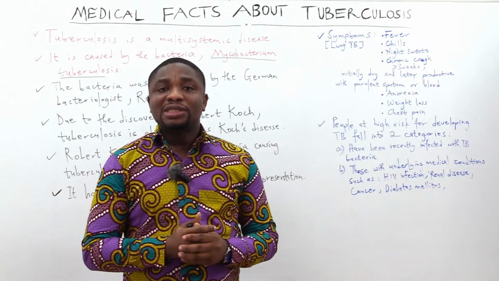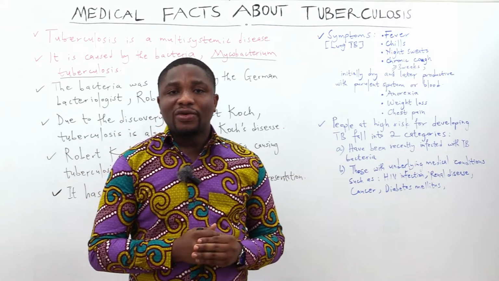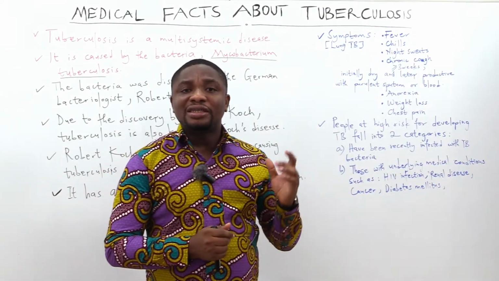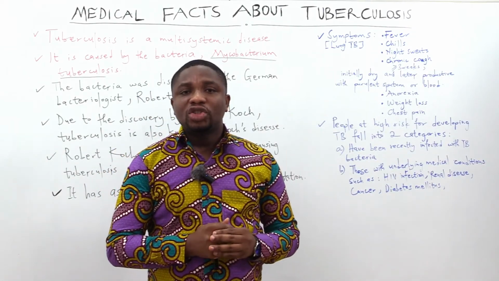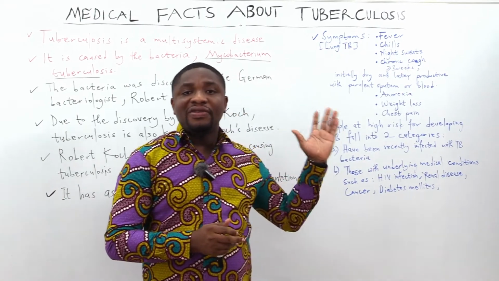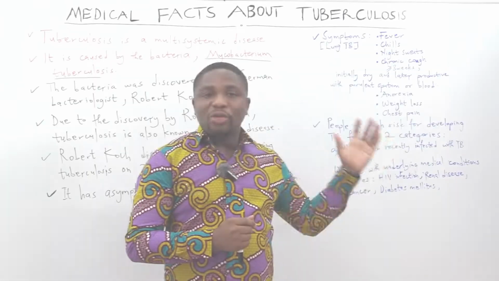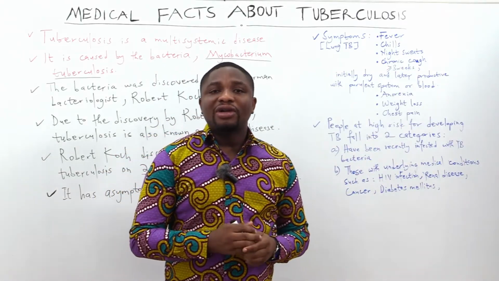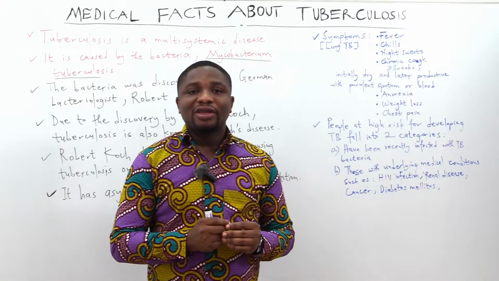If it is presenting with symptoms, what should you look out for? Let's take an example of symptoms that can come from pulmonary tuberculosis, that is the tuberculosis of the lungs. We can think of fever, chills, anorexia, cough, which is usually chronic, more than or equal to 3 weeks.